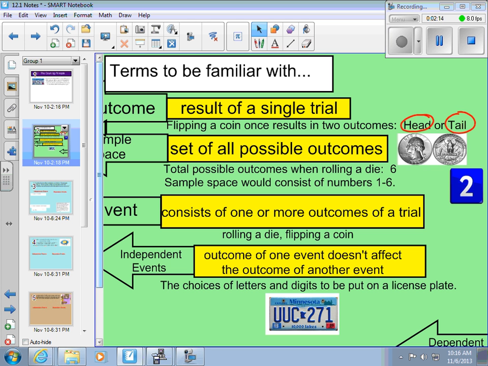The choices of letters and digits to be put on a license plate would be an example. Just because the first letter is U doesn't mean the second letter can't be U, and so on. Same with numbers. You can have repeated numbers on license plates. So when the choices of the digits aren't affected one to the next, we call that independent.